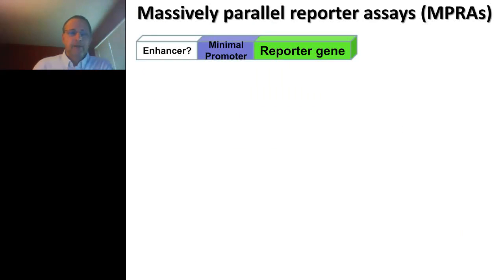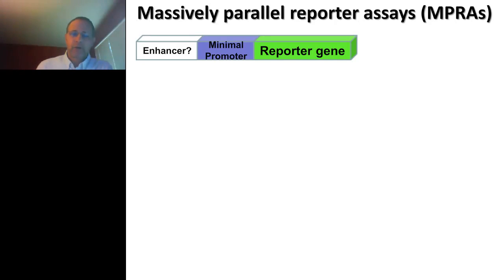So the idea was to develop an assay that can test thousands of sequences for enhancer activity instead of testing them one by one, as I've shown you before. To do that, we start with the same vector as before, where we clone an enhancer in front of a minimal promoter and reporter gene.